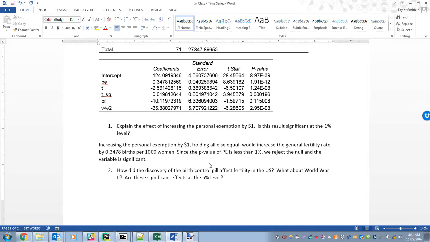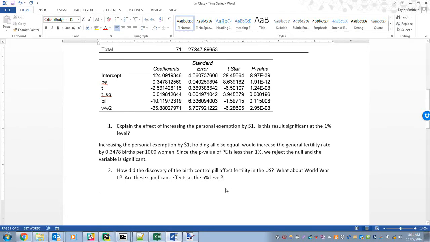And so what this is telling us, again, we come up here and look at our coefficient. This says in the years when the birth control pill was available, the fertility rate was 10 lower than the years that it was not available. Okay, so come here and write that down.